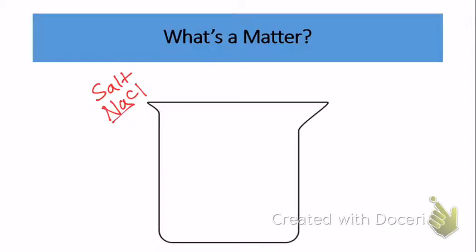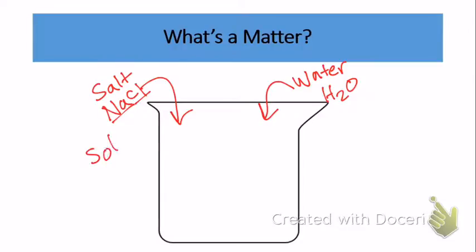Basically, Na is sodium and Cl is chlorine in a 1-to-1 ratio. So we're going to put some salt in our beaker, and we're going to add some water, which is also a pure substance. Water is H2O as its chemical formula. And when we put those two things together, the salt is going to actually dissolve in the water. So the salt is the solute, and the water is the solvent.